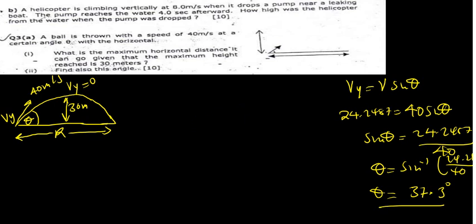We can say v is equal to u plus gt. The final velocity at this maximum point is 0 in the y. The initial velocity is the initial velocity in the y, which we've already calculated, vy.